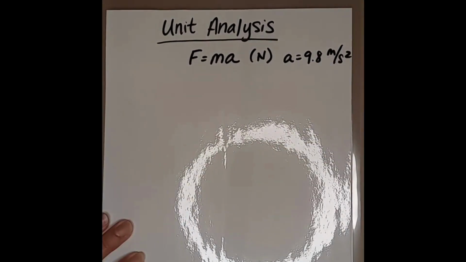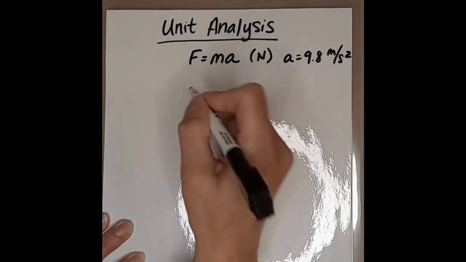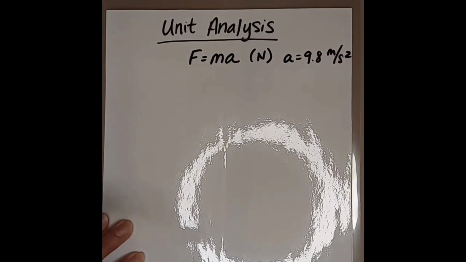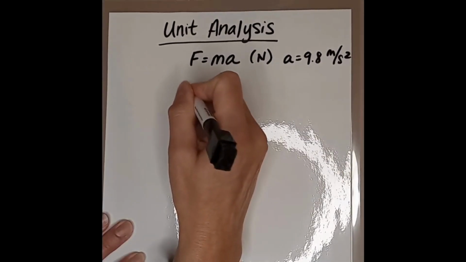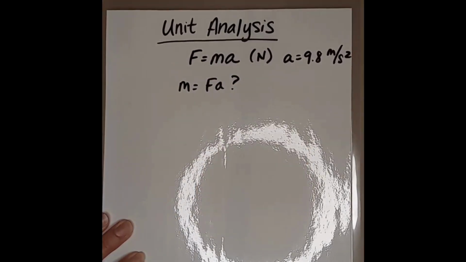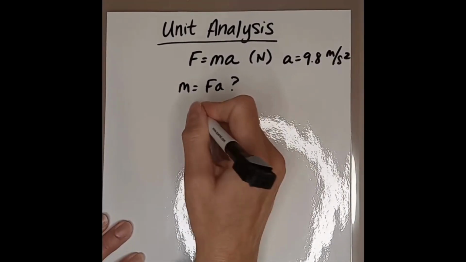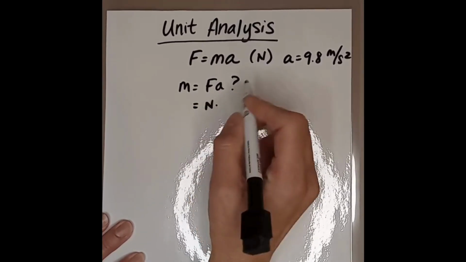So if you wanted to solve for mass, and you're just going through your equation, you better get something like kilograms. So say you just said, is that correct? Is mass equal to force times acceleration? Well, let's see. Do we have newtons times meters per second squared?